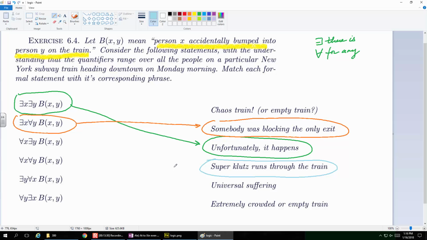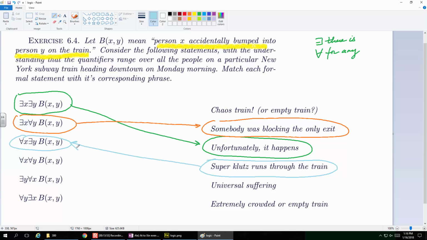So one was standing at the exit, and everybody was bumping into him. This one is running through the train and doing what? Bumping into everybody. So what is it? The reversal. Which one is it? The next one, the third one, right?